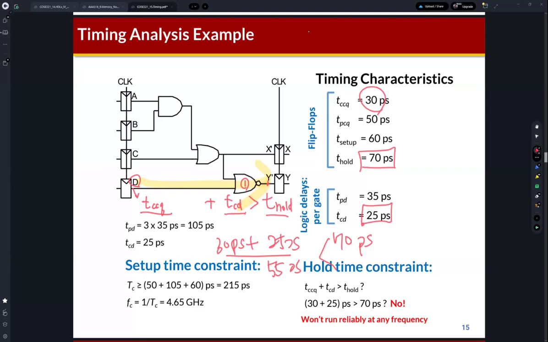If there are many gates in the path, then the delay will be increased. We can add inverters, two inverters, right?